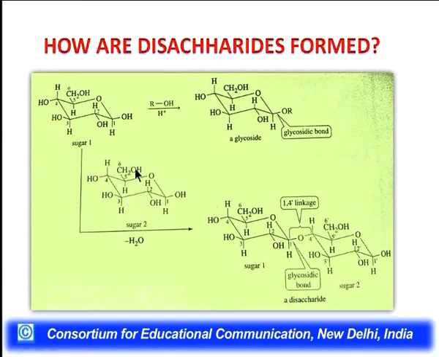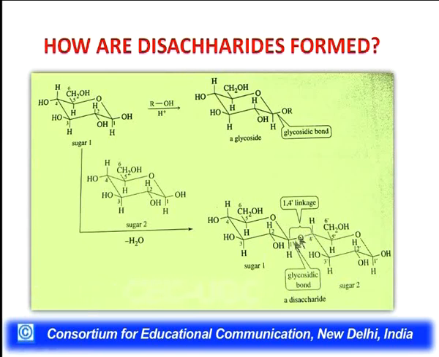So what happens here is a bond formation takes place between the C1 and the C4, resulting in the formation of a glycoside. And a glycosidic bond is formed between the C1 carbon of the first monosaccharide, which is acting as a sugar part, and the C4 carbon of the second sugar, which is acting as an alcohol.